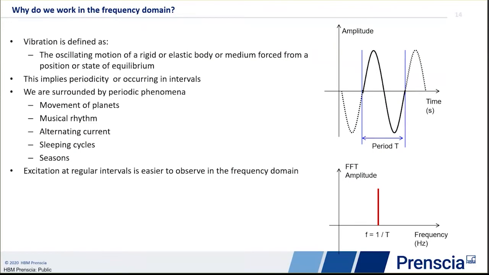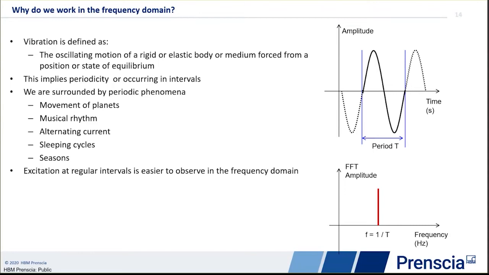Throughout real life, there are many natural phenomena which follow periodic sequences: the movement of planets, musical rhythms, electrical alternating currents, sleeping patterns of human beings or other living things, and the seasons. Those are all periodic in nature.